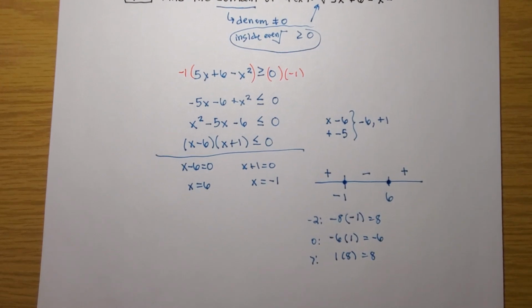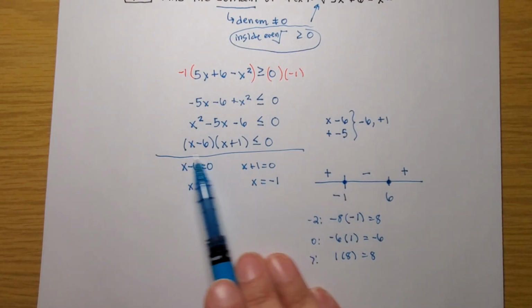Okay, so just to recap what I did, I took my factors, set them equal to 0, and where those values that I found, those I'm going to plot for my table of signs. And then I picked a number smaller than -1, a number between -1 and 6, and a number bigger than 6. That's where I got these 3 from. And then I plugged them into here.